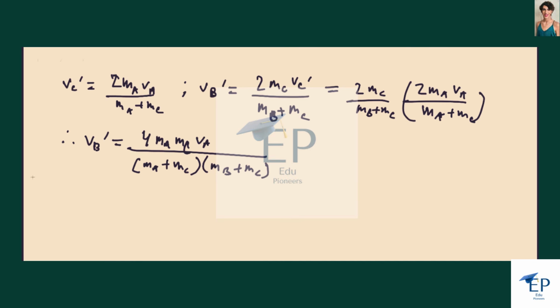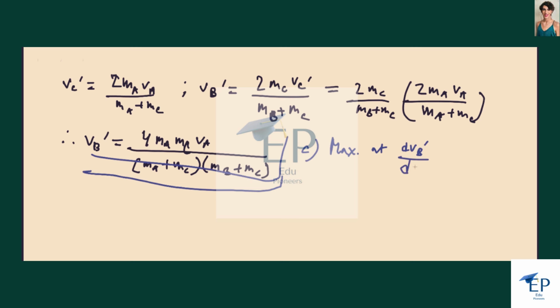In part C, we want to find the maximum value of MC, which is where the derivative of VB prime with respect to MC, in other words dVB prime over dMC, is equal to 0. The derivative is actually a whole complicated expression.